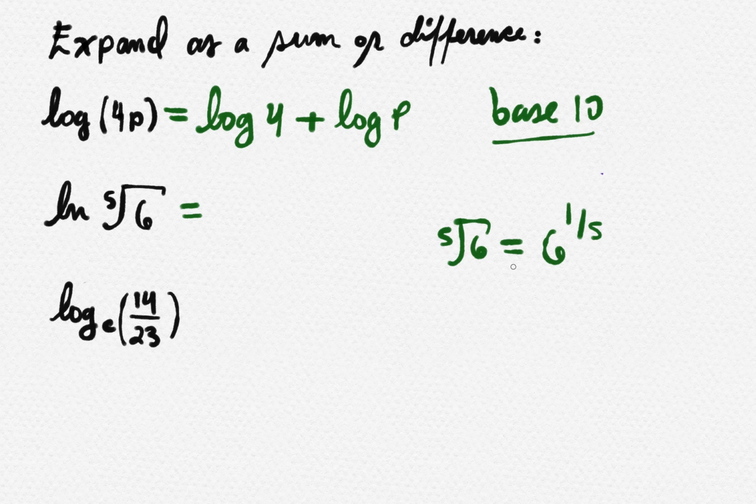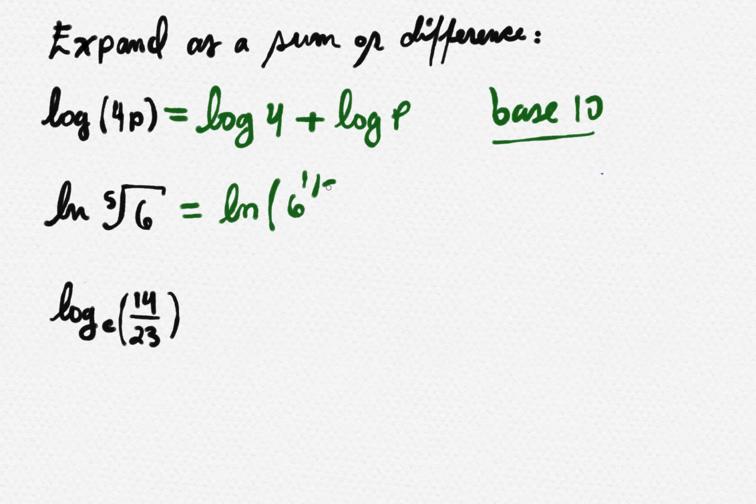But it's a power like any other, and we can use the power rule on this. So this is going to be, I guess I'll write this in as a log of 6 to the 1/5, which we can use the power property on. Pull the 1/5 out front. 1/5 natural log of 6.